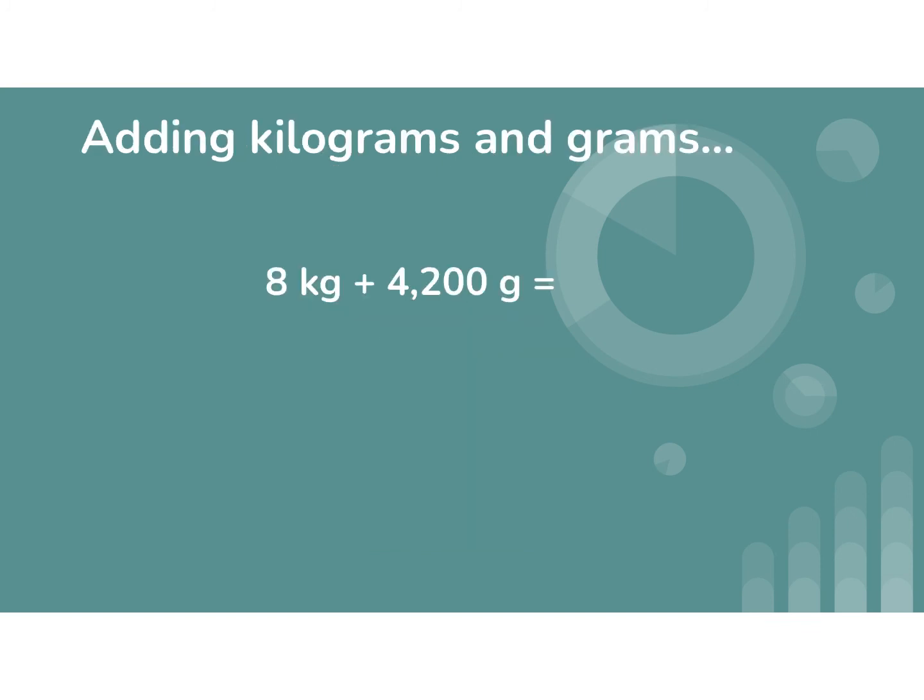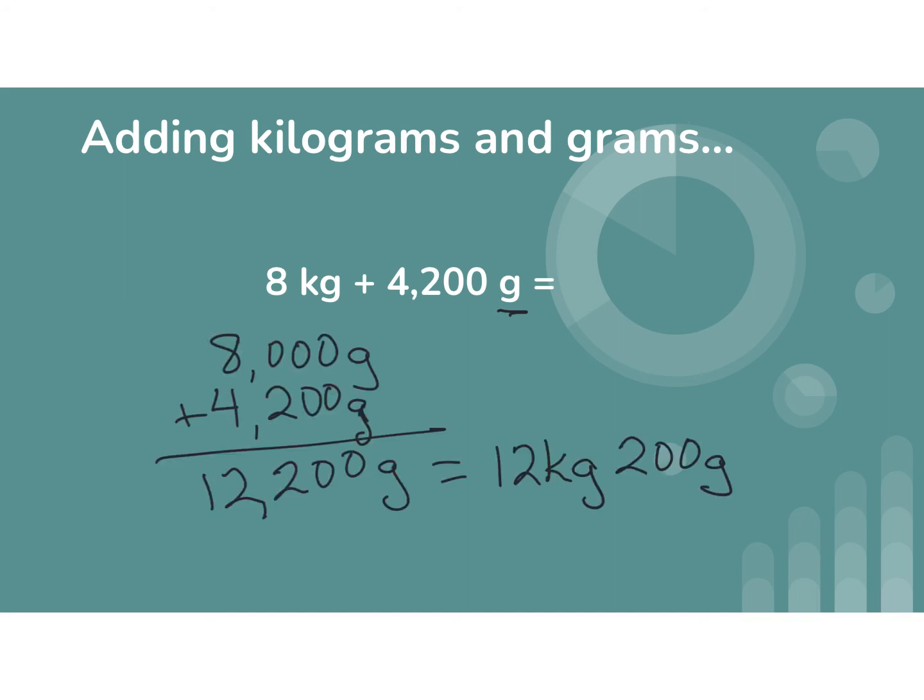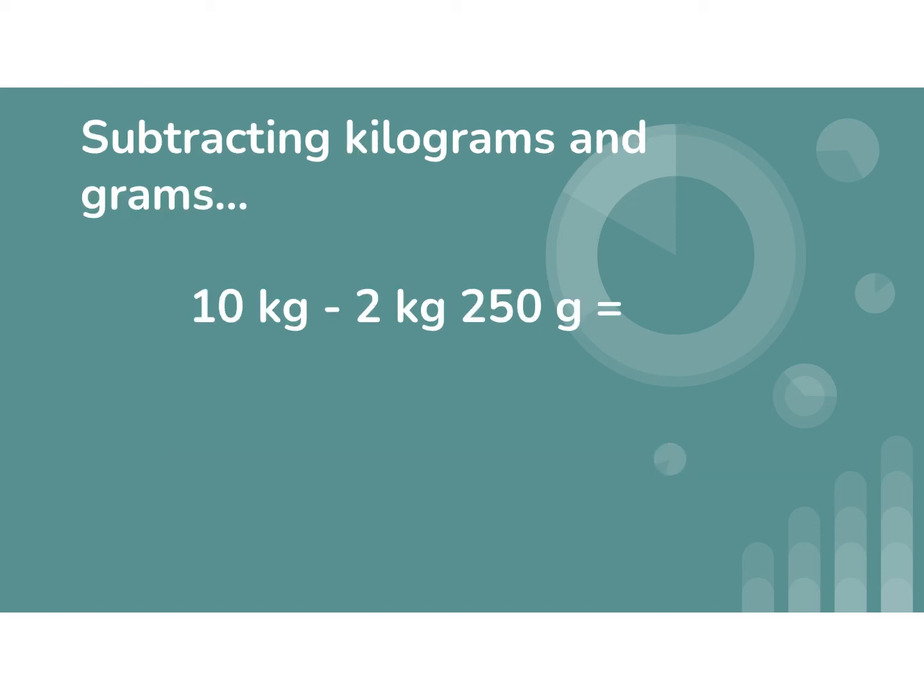Okay, now we're going to add kilos to grams, so I'm just going to change all of it to the smaller unit of grams. Okay, I have 12,200 grams. I'm going to change that to 12 kilograms and 200 grams. Okay, I'm going to change this all to grams before I do subtracting.